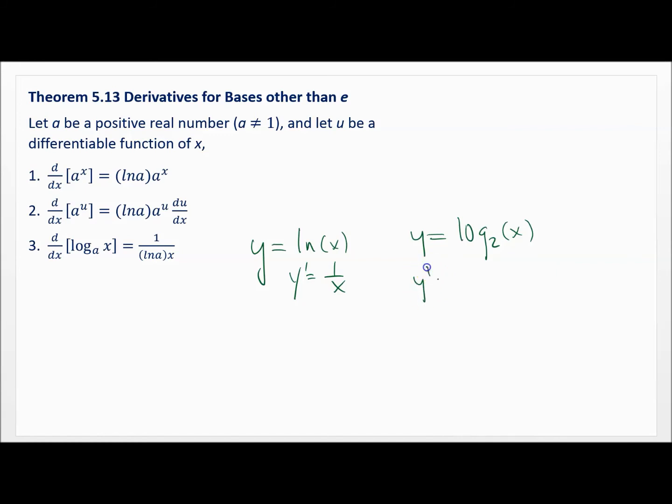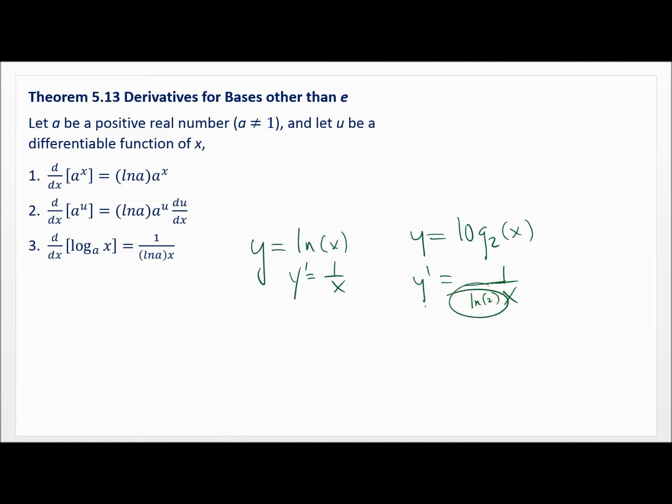It's still 1 over x, but it's times this extra natural log of a in the denominator. So we would have an extra natural log of 2. So think: when you have exponential, you multiply by natural log of the base. When you have logarithmic, you divide by the natural log of the base.